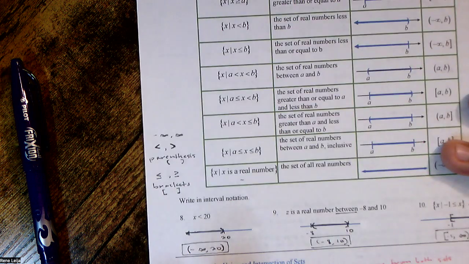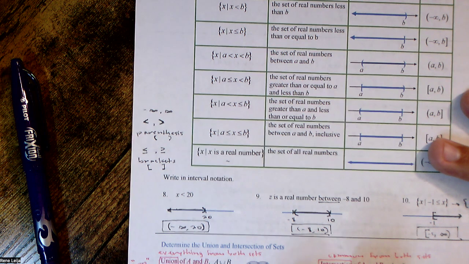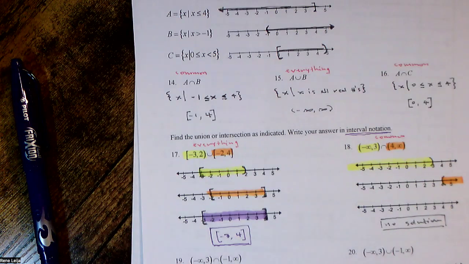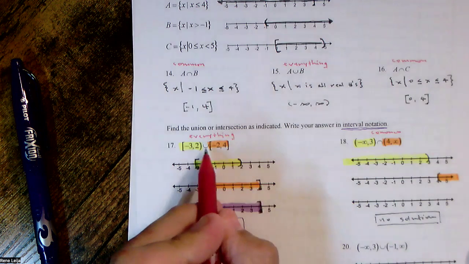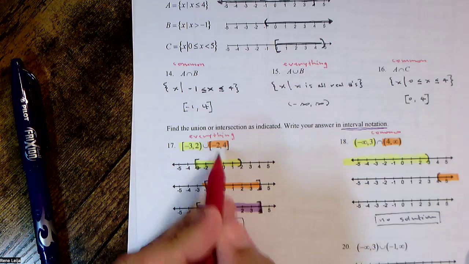The union uses the compound word or. The intersection uses the compound word and. Okay. So that means that the union has to work either here or here.